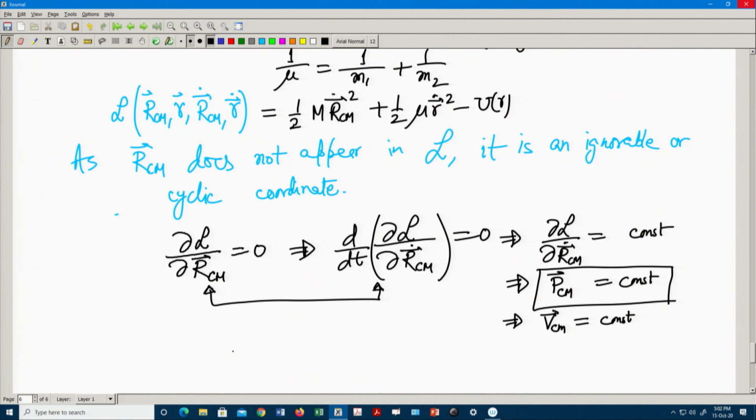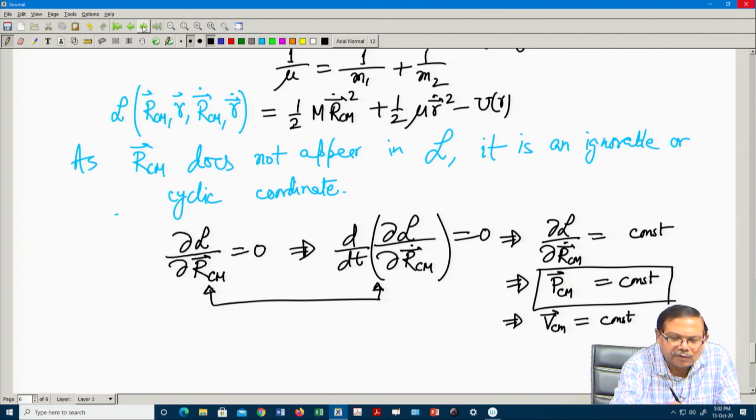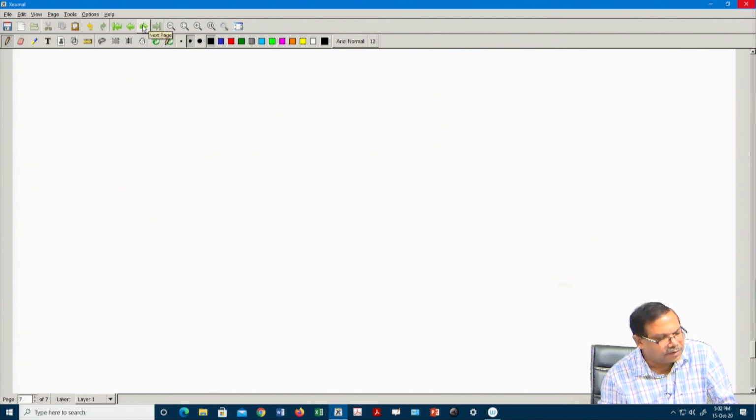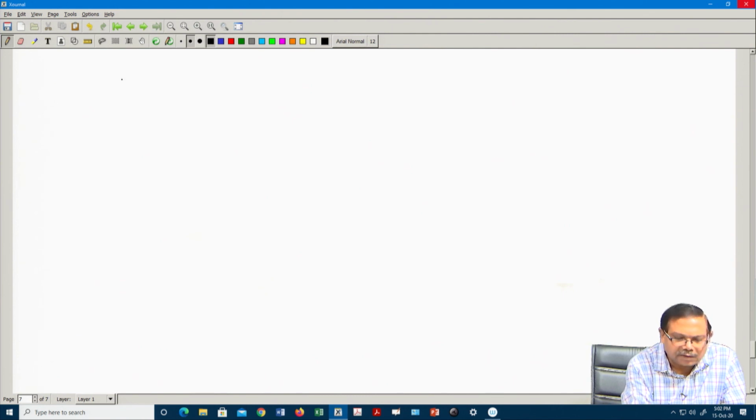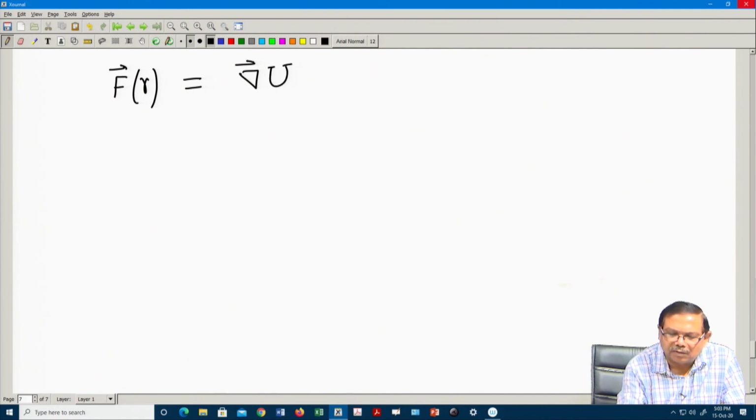So, now we will do the problem for a central force field. That we will do in detail later. The only thing that we need to know is that central fields are those where, let us say, there is a force which depends on R and is derivable from some potential energy, or some gradient of some scalar, with a minus sign.